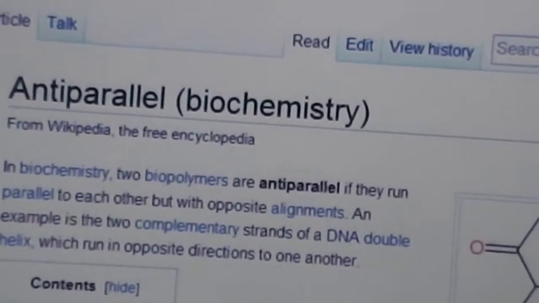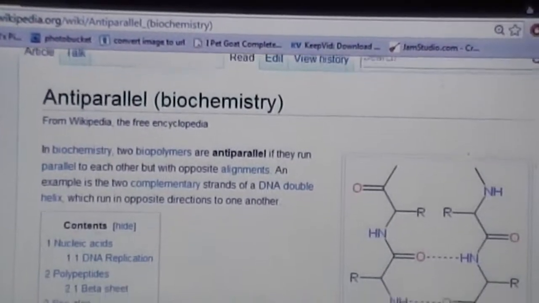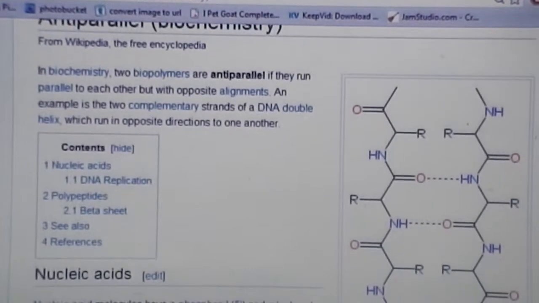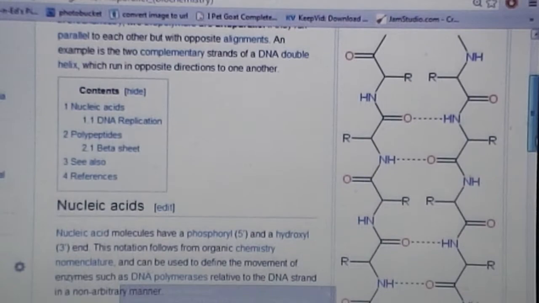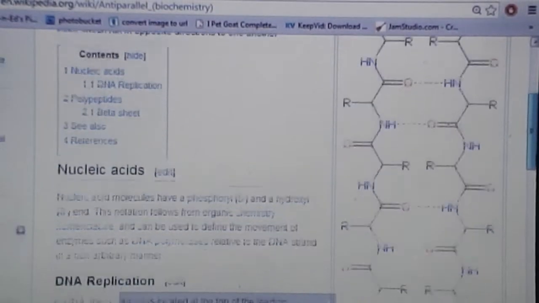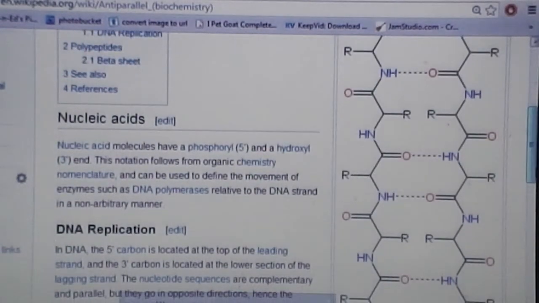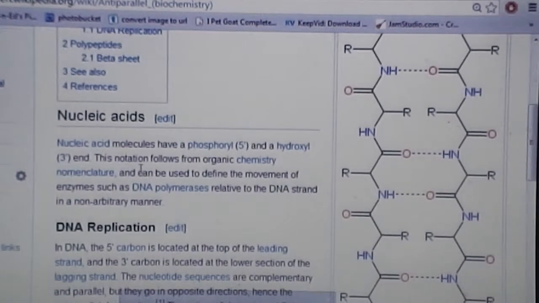You know, us as man being in opposition to the Nephilim. Okay? Possibly. And it repeats here. Nucleic acid molecules have a phosphoryl and hydroxyl end. So the phosphoryl is man and the hydroxyl is the other side, the 3.